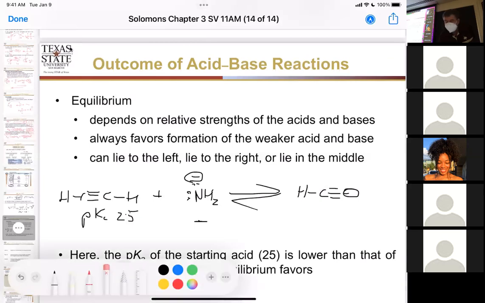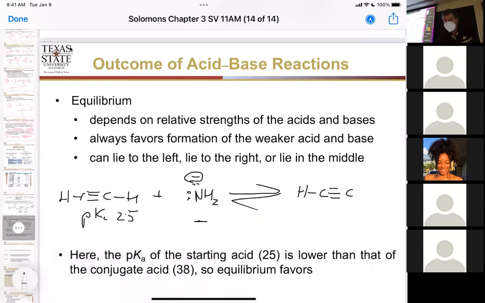When we transfer that proton, we now have a conjugate base, and we have our conjugate acid. So all we have to do is compare the pKa of our acid to the pKa of our conjugate acid, and that'll tell us which way the reaction is going.